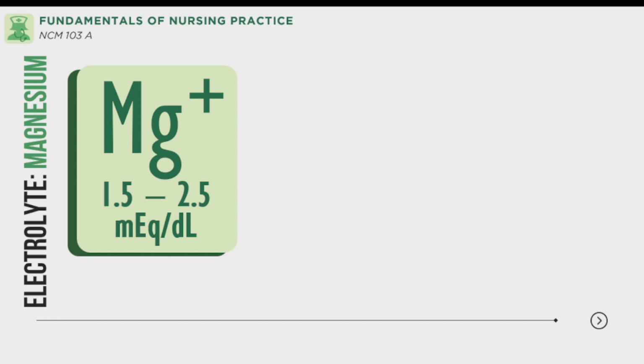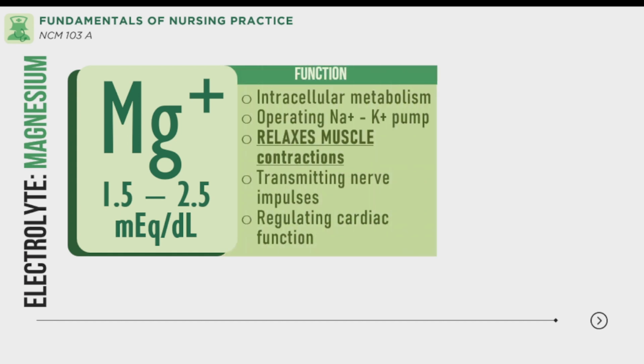So what's the function of magnesium? Primarily, it is essential as a cofactor for hundreds of enzymatic reactions in your body, primarily in energy metabolism, including producing and utilizing adenosine triphosphate, the body's primary energy currency, through operating your sodium and potassium pump.